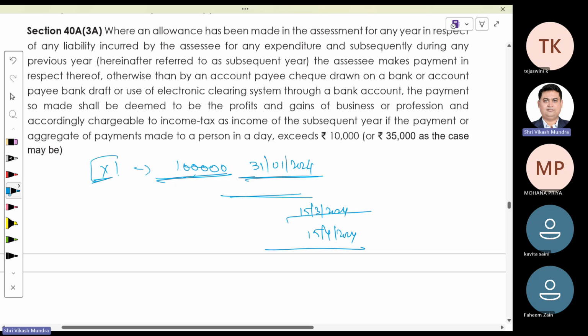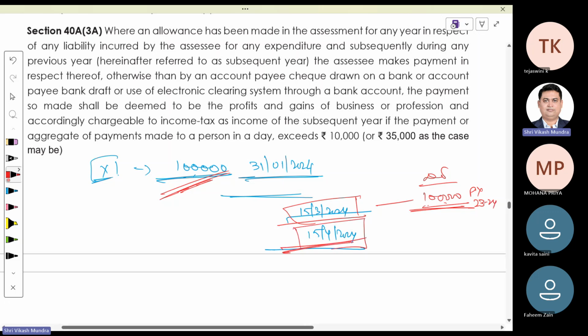If payment has been made by me on 15th March 2024, since it is a delayed payment but still the payment has been made within the previous year itself, the deduction is available to full extent. 1 lakh is available for me as a deduction. The cost of purchase would be available as deduction in the same previous year, that is previous year 23-24. However, in another situation, on 15th April 2024, I made the payment, but the payment is made beyond the time limit prescribed for this.